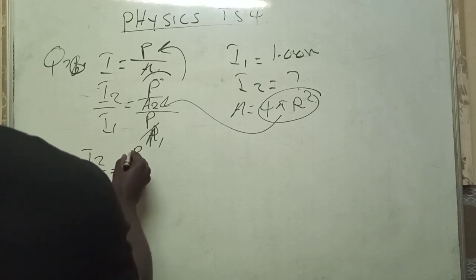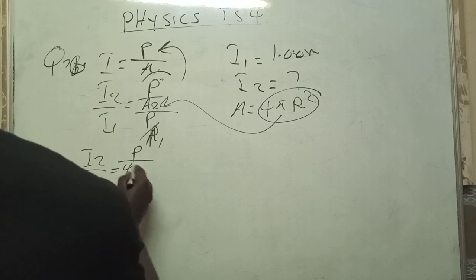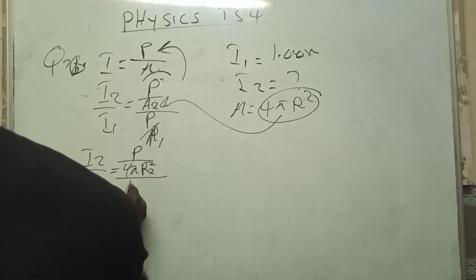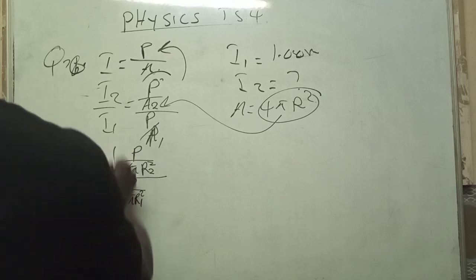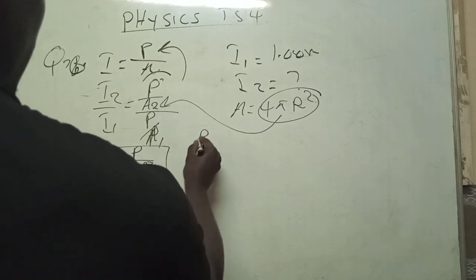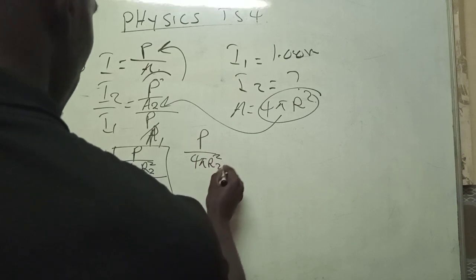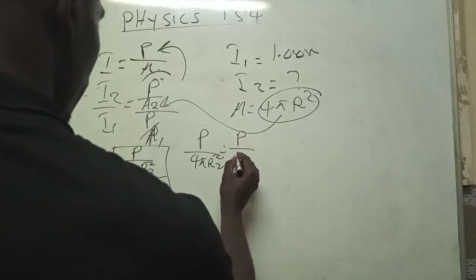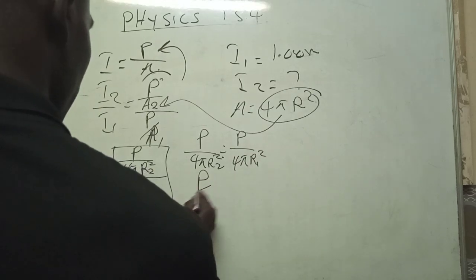Then I'll say power over 4 pi r2 squared, over power over 4 pi r1 squared. This expression is the same thing when I write it in this form, so I can interchange them.